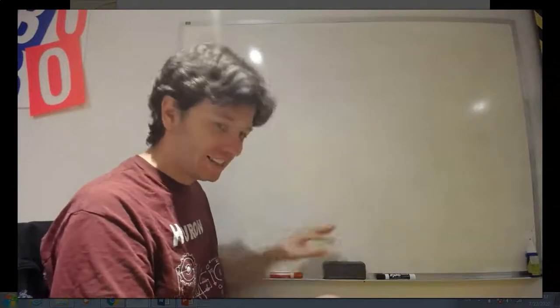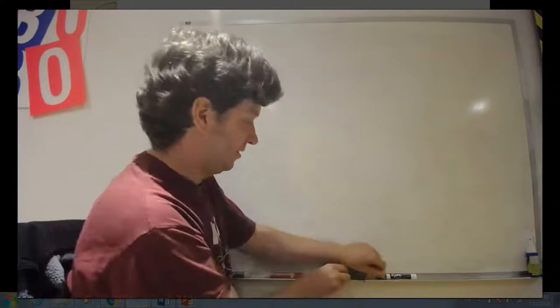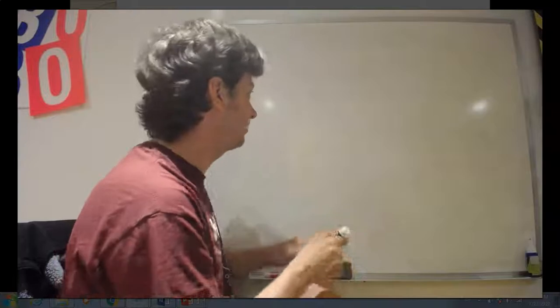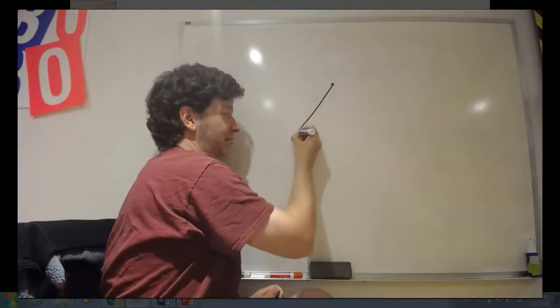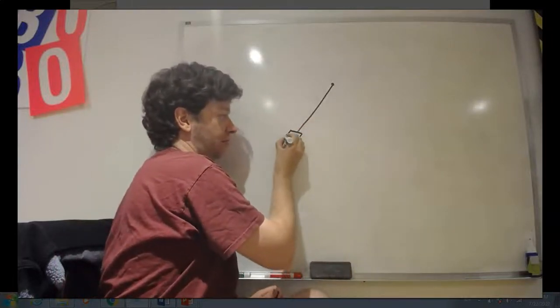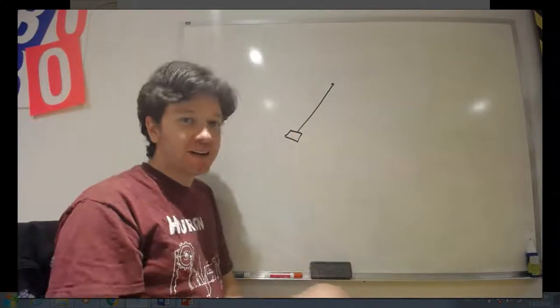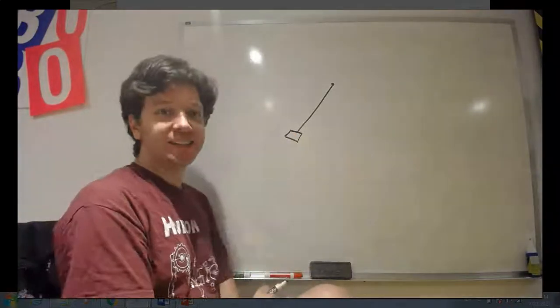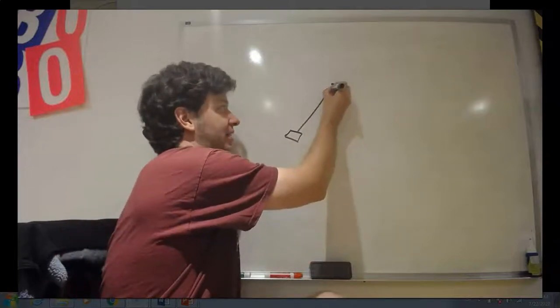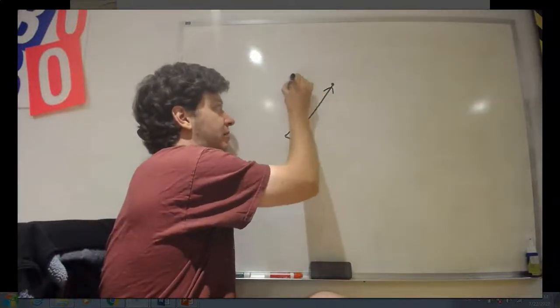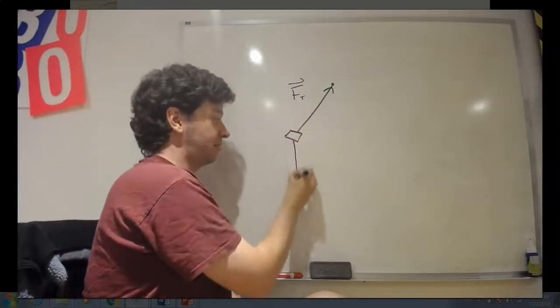Okay, so let's think about this for a second. We have something hanging, and it gets moved back like this. So what forces are actually acting on this? If we were to draw this as a free body diagram, what forces are actually acting on it? Well, we have tension right here, so force of tension. We have gravity, of course.